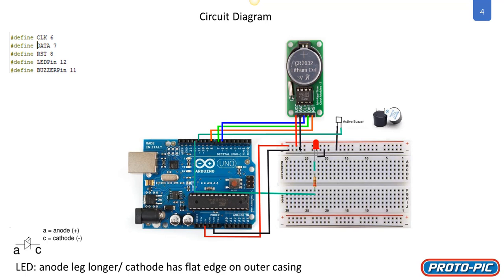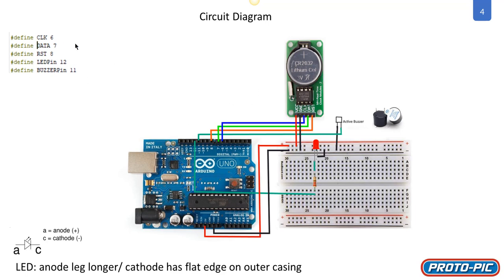So that goes to the +5, that goes to the ground. Now it's got 3 further lines, clock, data and reset, and these are connected as we see via this code here. This is code that we would have within the actual IDE itself, the program itself, that the clock is connected to pin 6 here, that the data is connected to pin 7 and the reset to pin 8.